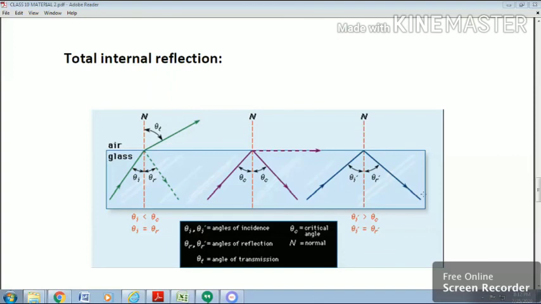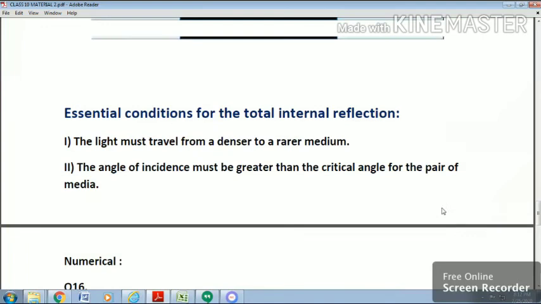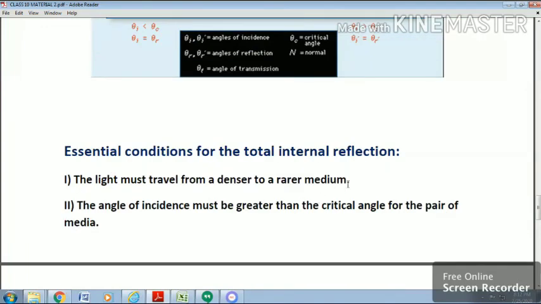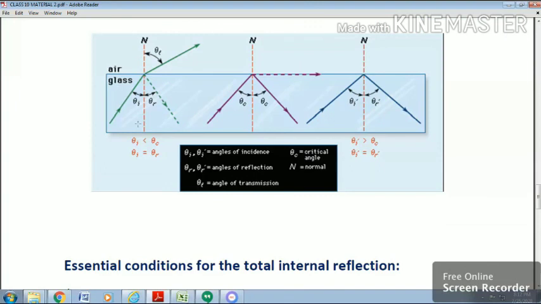Now the conditions which are very much essential for total internal reflection are, there are two conditions. The very first and essential condition is that the light must travel from a denser medium to a rarer medium. In the exam they asked this question.